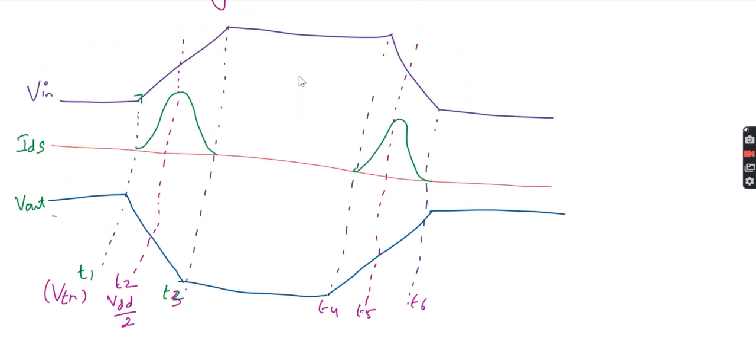Very simply, this is 0, this will be your threshold voltage, 0.7, divided by 2 means 2.5, then this will be your VDD minus VTH, which we can take as 4.3, and this will be your 5 volt. So when the input reaches VDD by 2, the current will be in a passive situation.